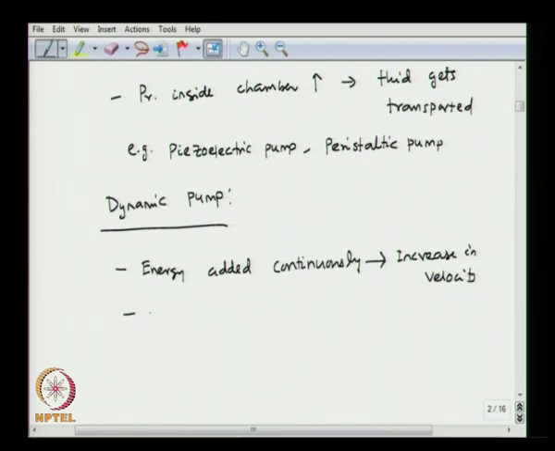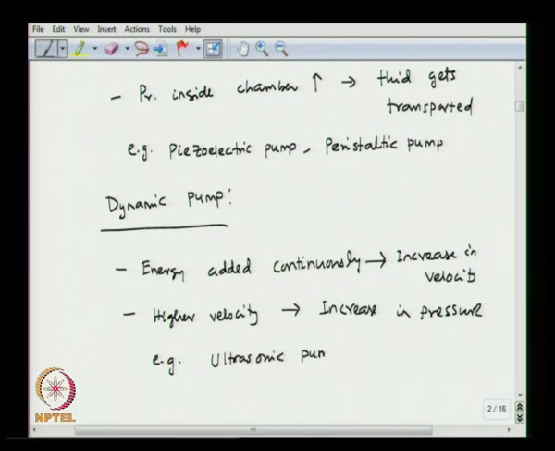And this higher velocity leads to an increase in pressure. Okay. And one example of dynamic pump is the ultrasonic pump. Okay.